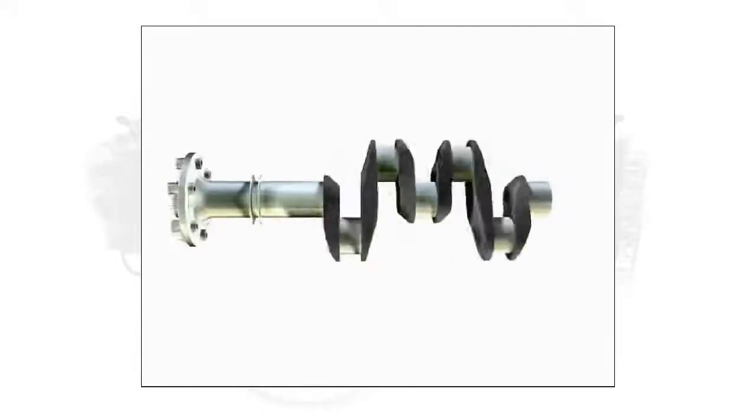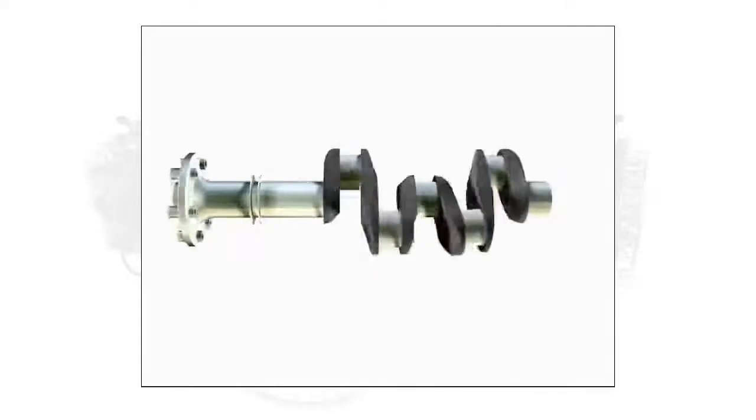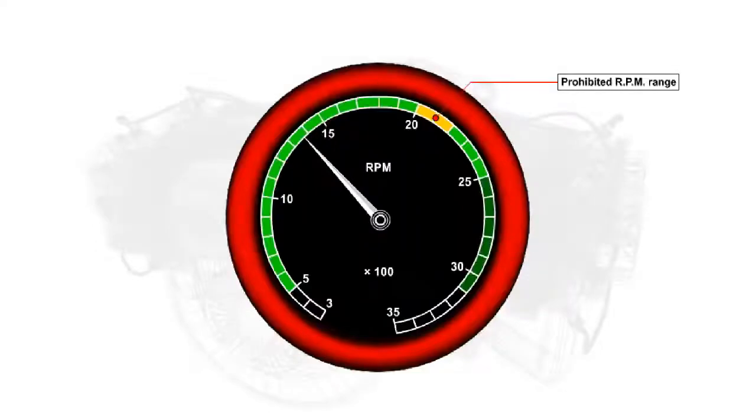For these reasons, the crankshaft should be as short as possible, and supported by the optimum number of main bearings. Inevitably, engines are built to a compromised specification, and thus most engines have an RPM range which is prohibited for prolonged use to protect them from unnecessary vibration. This prohibited range is sometimes indicated by a yellow or amber arc on the RPM indicator.